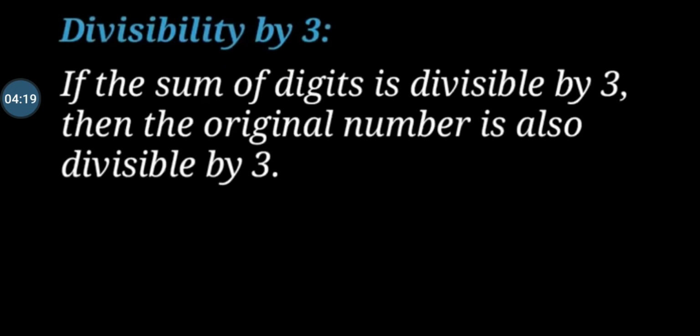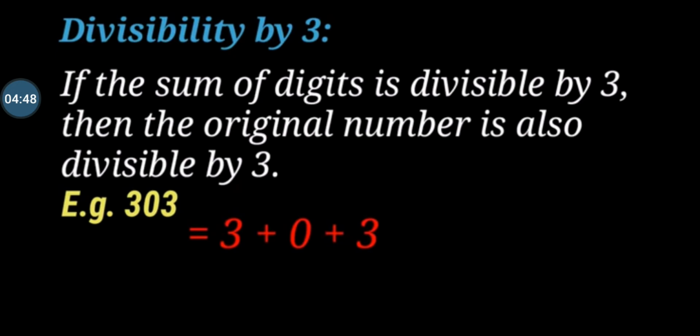So now we have to check divisibility by 3. To check the divisibility by 3, we have to check if the sum of digits is divisible by 3. If the sum is divisible by 3, it means the whole number is divisible by 3. Like if we have any number, we can see the example here, 303.